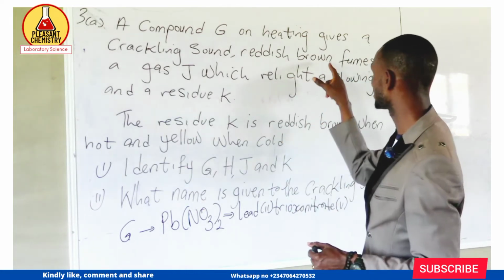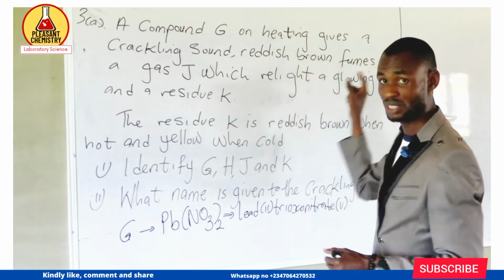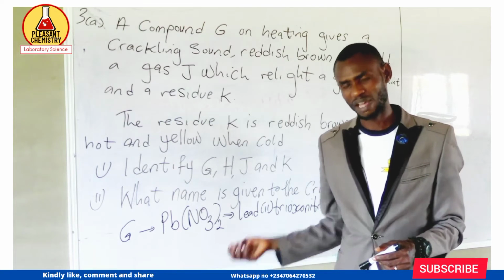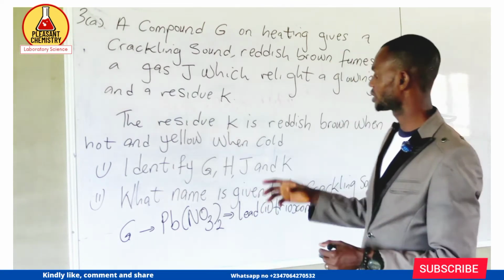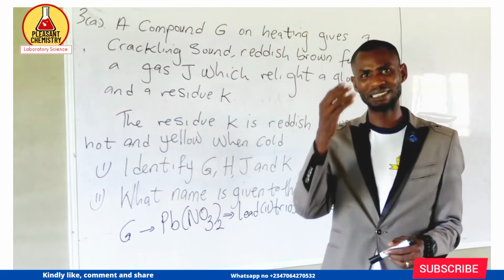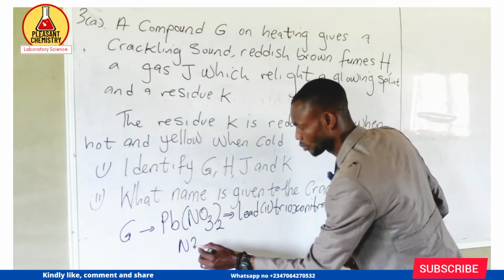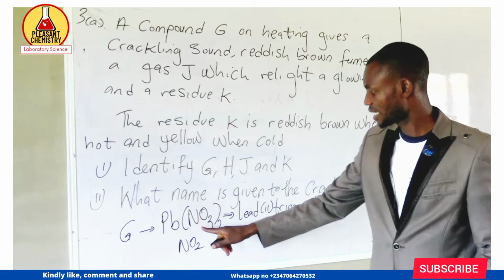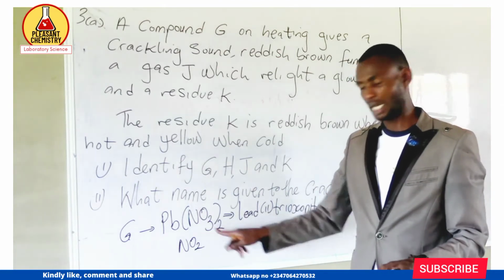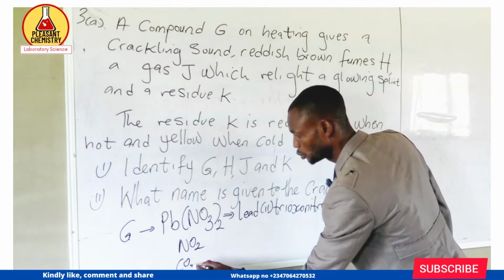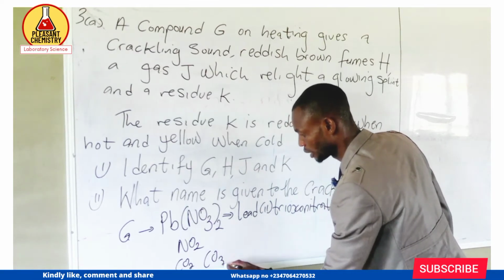This reddish brown fume H makes me know that it's trioxonitrate(V). NO3 ions must be there, because it is only NO3 that can liberate NO2, just the same way you can get CO2 from CO3.